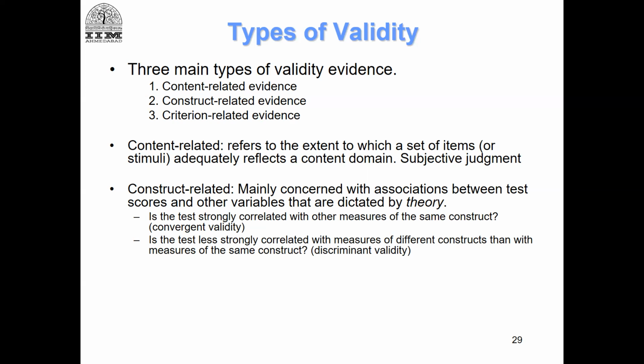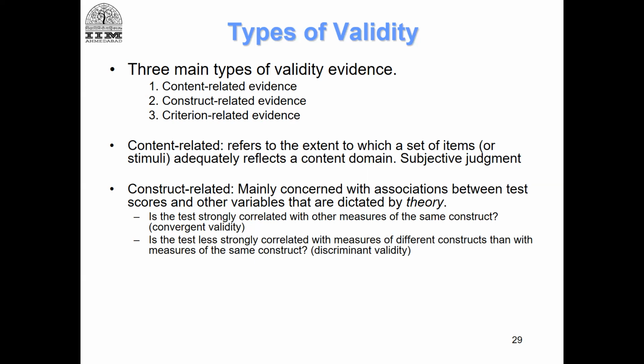So you have developed a measure, you have another measure of the construct, and you test the correlation between scores obtained through your measure and the score obtained from another similar measure. That is one way of testing convergent validity.